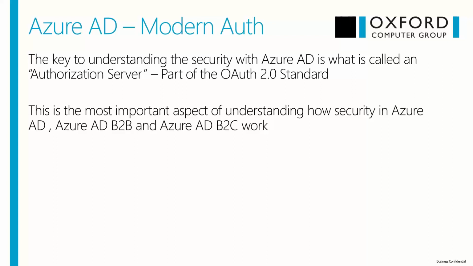One of the keys to understanding how this whole thing integrates with Azure is the authorization server. Everything else that you've seen about OpenID Connect or OAuth, you can put in the back of your mind and focus on the authorization server, because that's really the most important part of how everything works together.